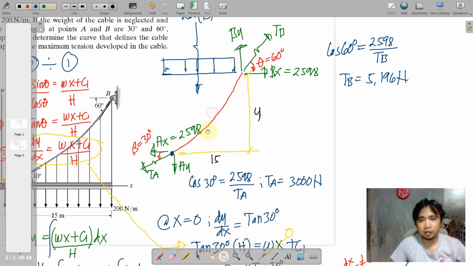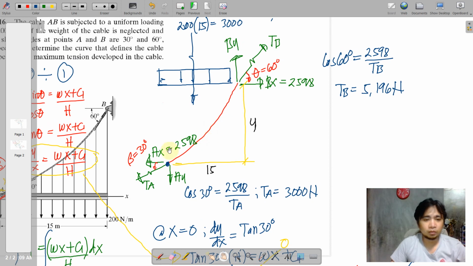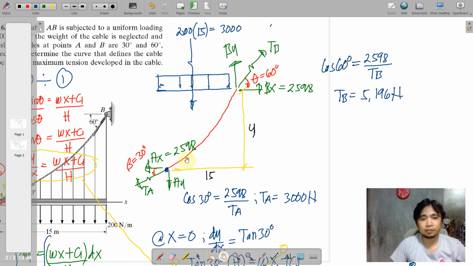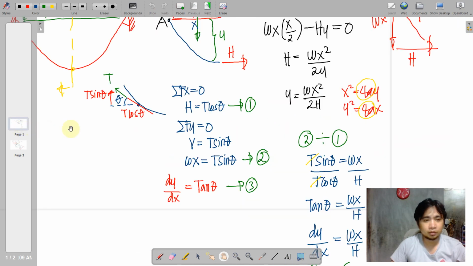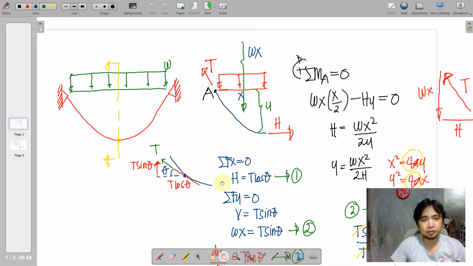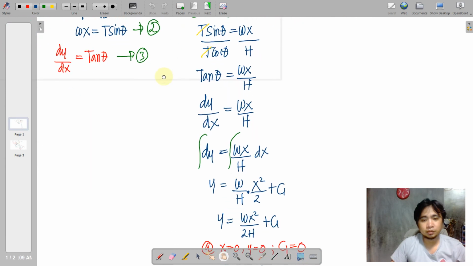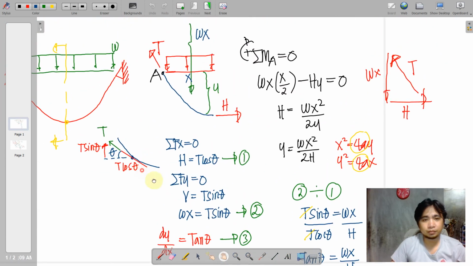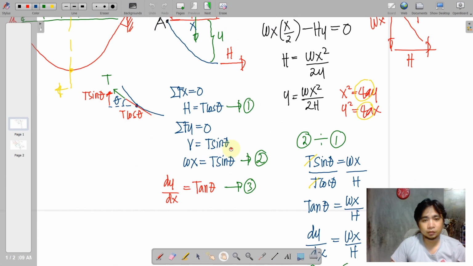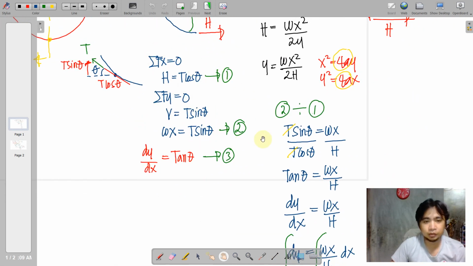But anyway, if you know the concept about these three equations a while ago, or the boundary equation, say we have these three boundary equations, then we will not get lost. Okay.